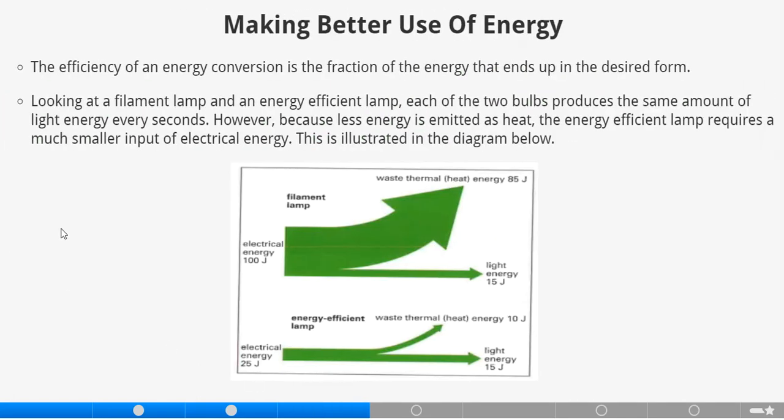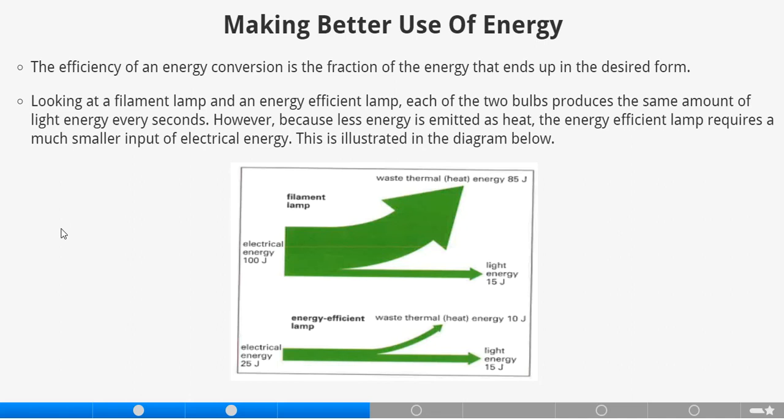How do we make better use of energy? The efficiency of an energy conversion is the fraction of the energy that ends up in the desired form. Looking at a filament lamp and an energy efficient lamp, each of the two bulbs produces the same amount of light energy every second.